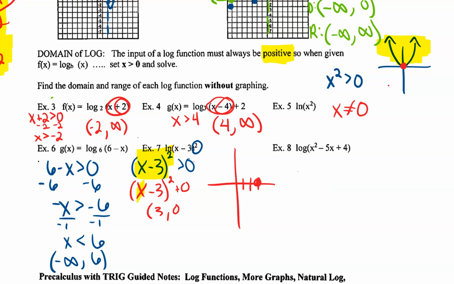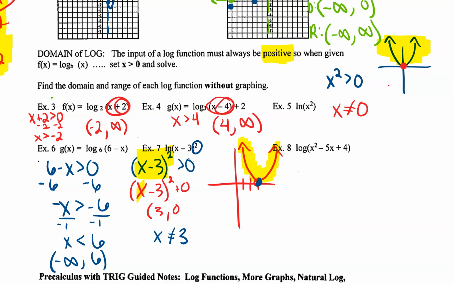This parabola is opening upward, so it looks something like this. Which means this whole thing is positive the whole time except for right here. That's the one time that it's not positive. So the one time it's not positive is at 3.